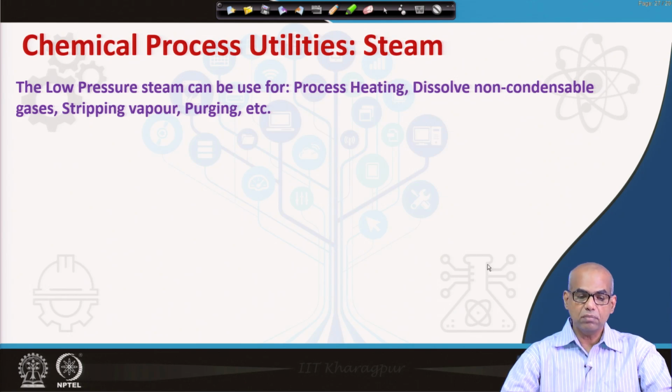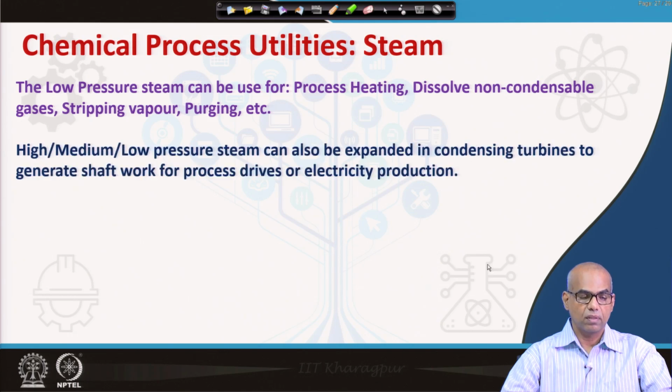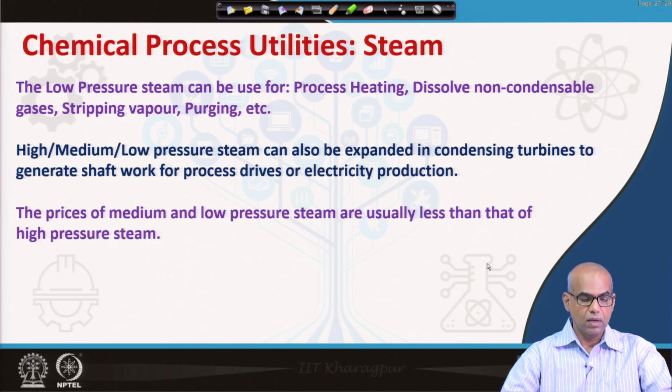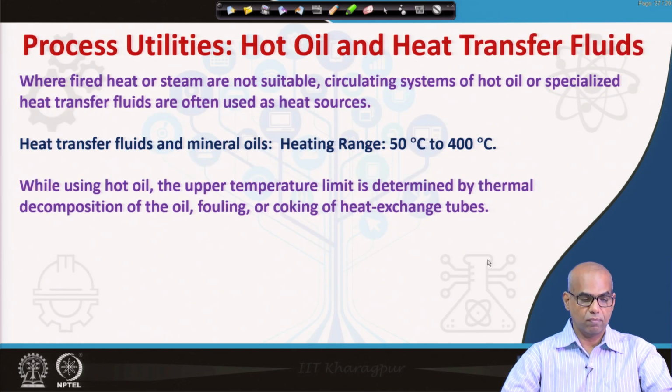The low pressure steam can be used for process heating, stripping dissolved non-condensable gases, stripping vapor, purging, etc. High pressure, medium pressure or low pressure steam can also be expanded in condensing turbines to generate shaft work for process drives or electricity production. The prices of medium and low pressure steam are usually less than the price of high pressure steam.